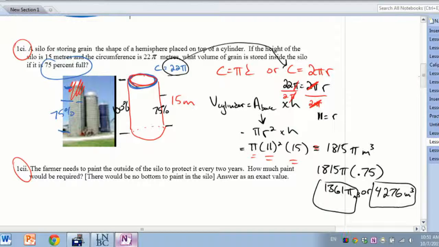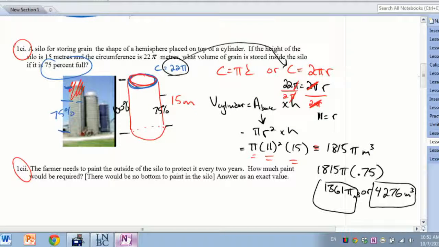8,400 times 7.5. 7.5 isn't 75%, so 0.75. 15 times 11 squared. 1,815. Just give me a second here to figure. 5,700.